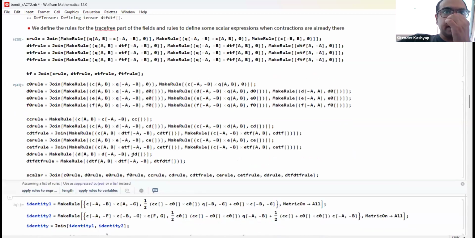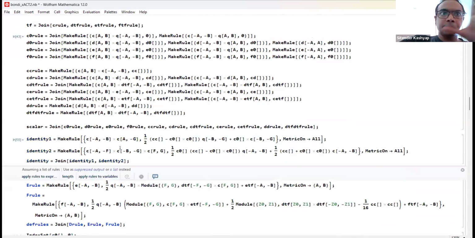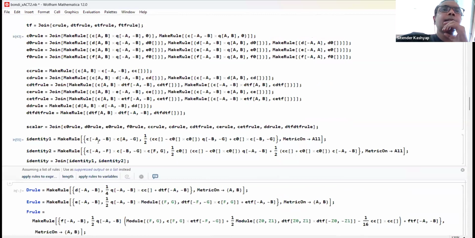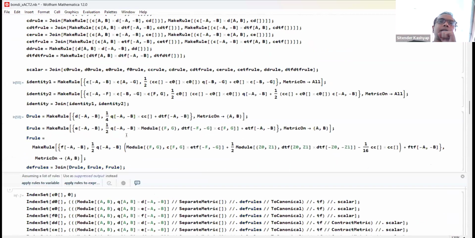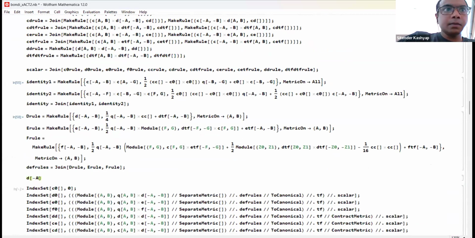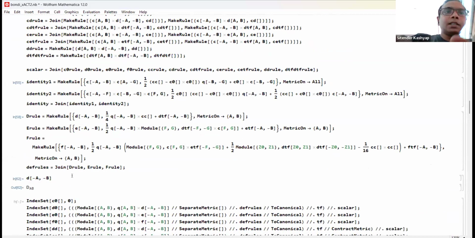And then there are certain identities which Mark's paper gives, which pertain to the tensor C. And then we had earlier seen that the metric condition essentially relates DAB, for example, D minus A minus B. See, this is essentially DAB, but we saw earlier that DAB is related to other quantities because of the determinant relation.